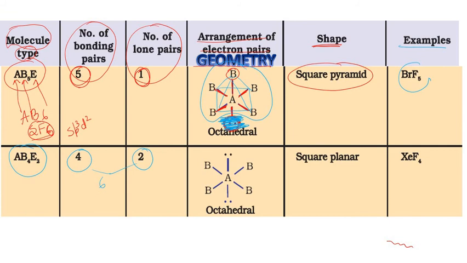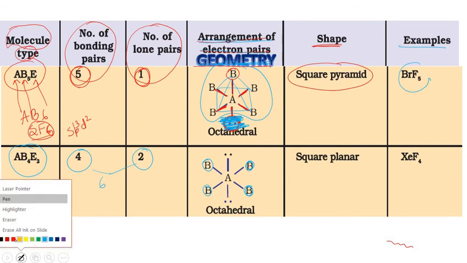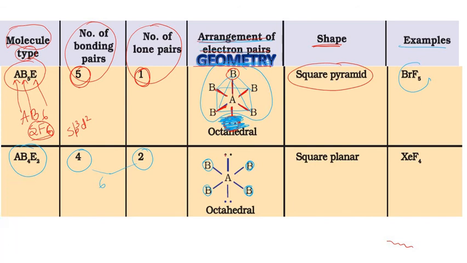When I speak of the arrangement of electron pairs, which is nothing but geometry, the 4 bond pairs are present towards the 4 corners of the square here, right? And the 2 lone pairs are present above and below, so you can see one lone pair above the plane and the other one below the plane, right?